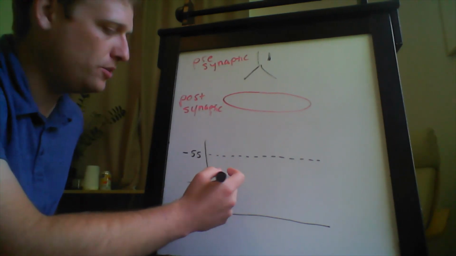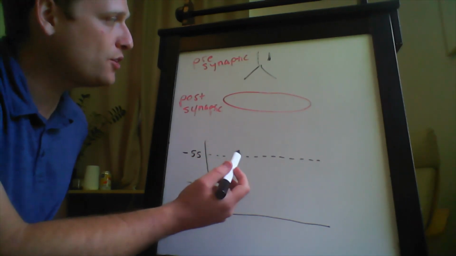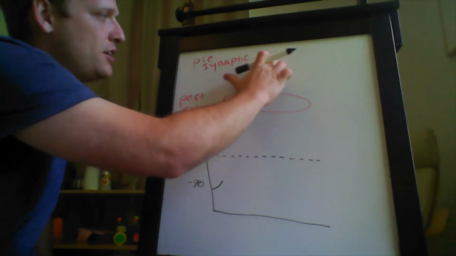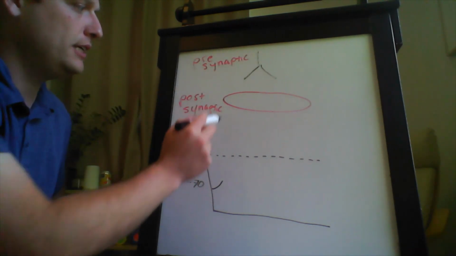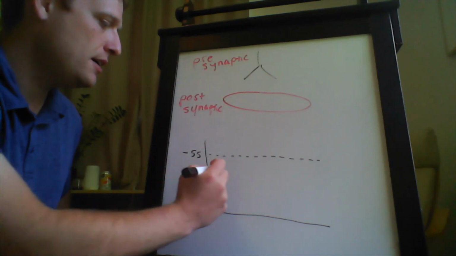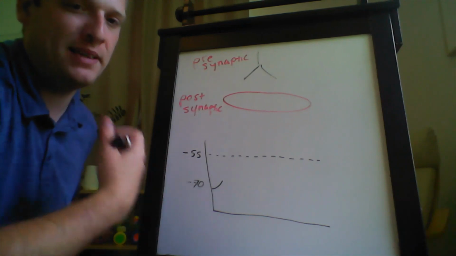So that leads us to a discussion of the different types of summation. So the first one would be, let's say, instead of just one action potential leading to an excitatory stimulus, let's say this presynaptic neuron is firing rapidly.